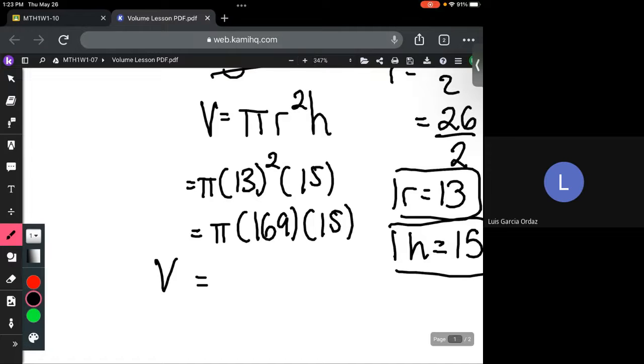Use pi times 169 and then times 15. 7,535. Centimeters cubed.